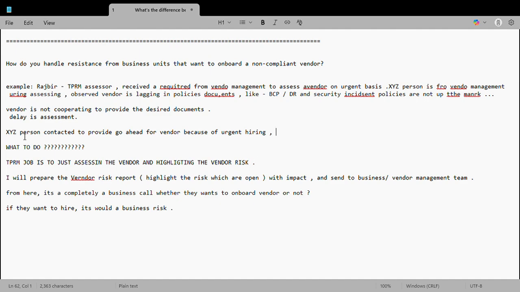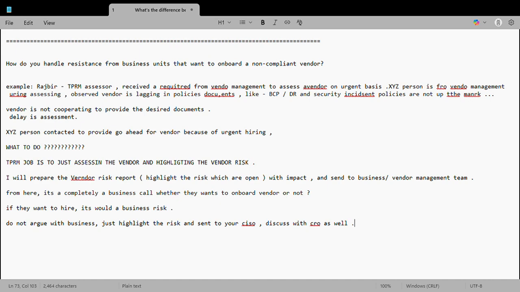Okay, so this is how you can handle the resistance. In any scenario, do not argue with the business. Just highlight the risk and send it to your CISO. Discuss with the CRO as well, and then send it to the business.